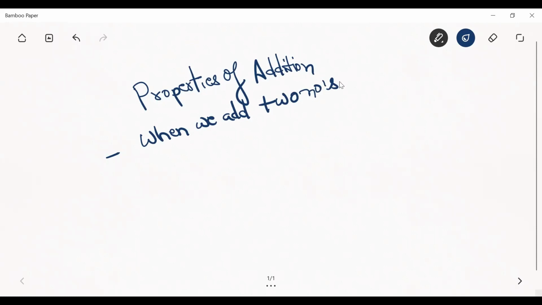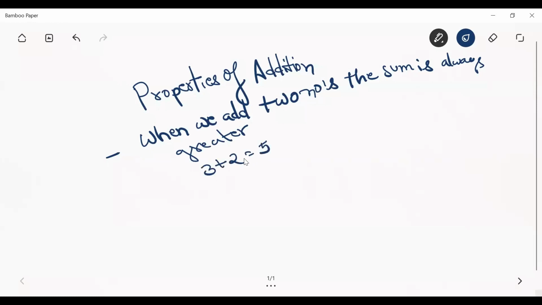The sum is always greater than the numbers being added, bigger than the addends. Like 3 plus 2 is equal to 5. The sum is always greater than these two. This is the first property of addition.